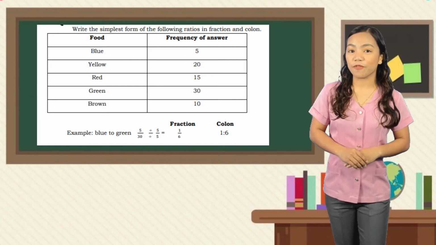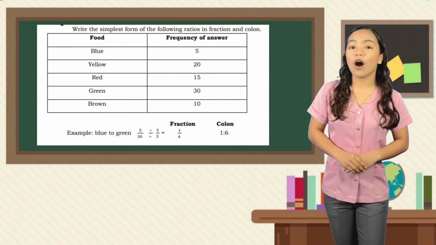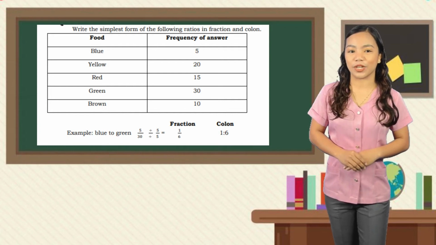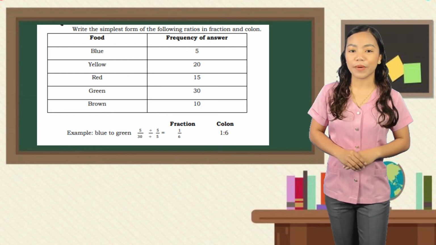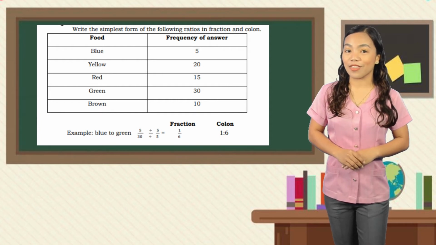We put the frequency of answer of blue, which is 5, on the numerator and of the green on the denominator, which is 30. We simplify it by dividing both numerator and denominator with 5. That results to 1/6, therefore 1:6.